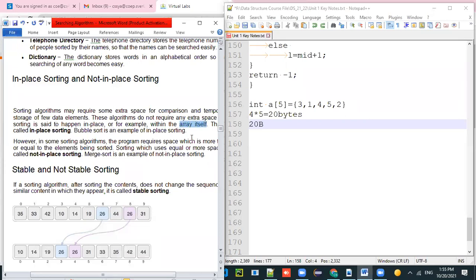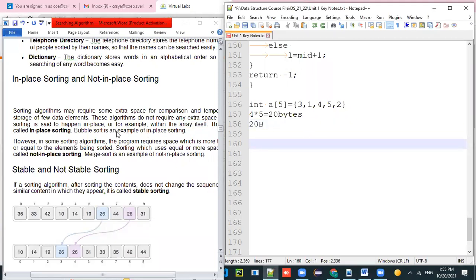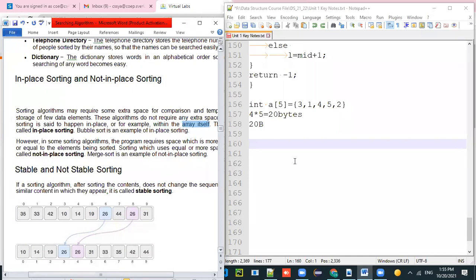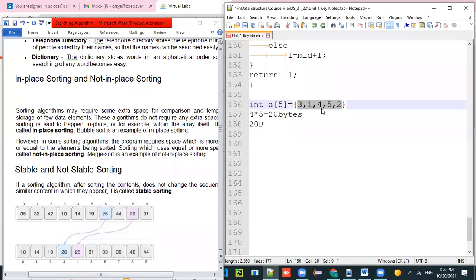We are sorting these elements within the array itself, within this allocated memory only. This kind of algorithm is called an in-place sorting algorithm.